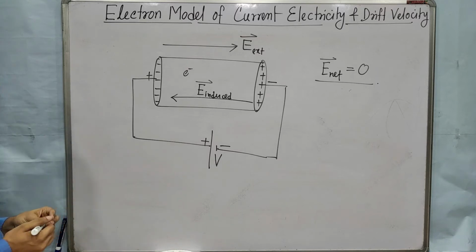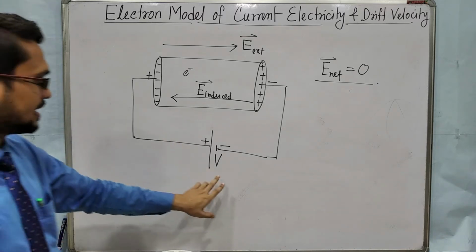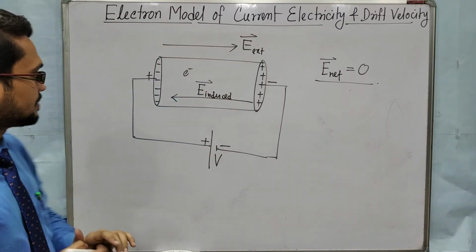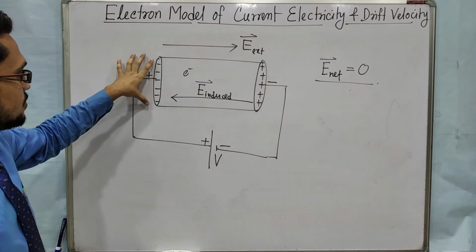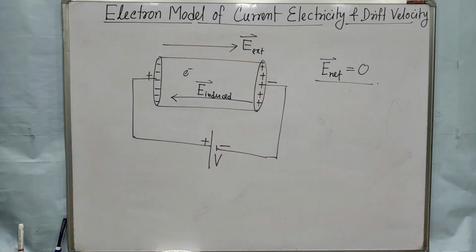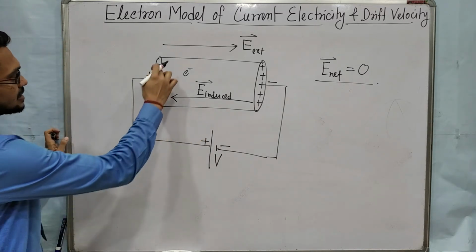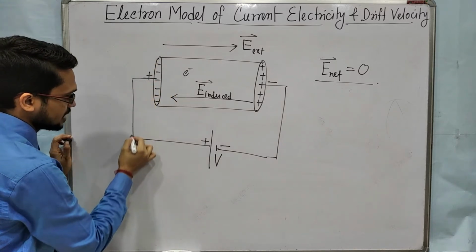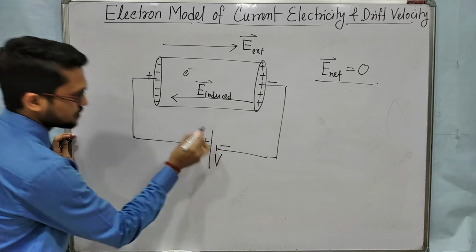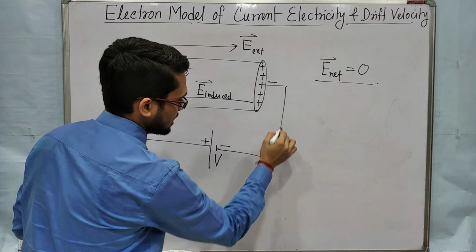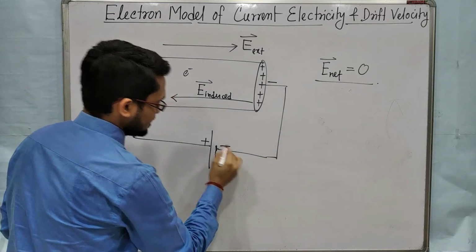Now what will happen? In the previous case, when I had not connected this battery to the conductor, the charges were accumulated at the two ends. Okay, clear. But here, whenever electrons are accumulated here, those electrons will flow through this wire because of the attraction of the positive side, and the positive charges will flow through this wire because of the attraction of the negative side.